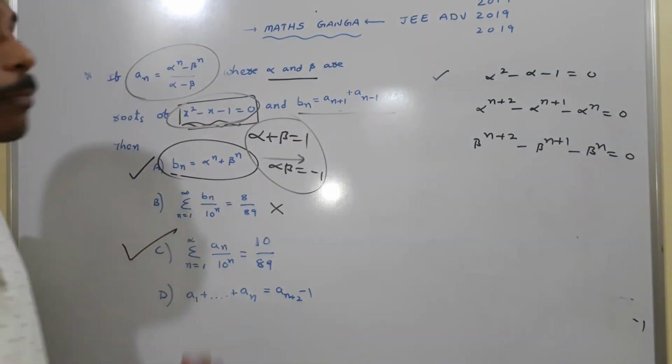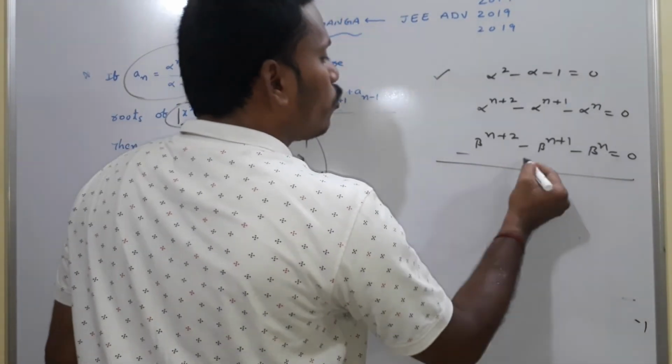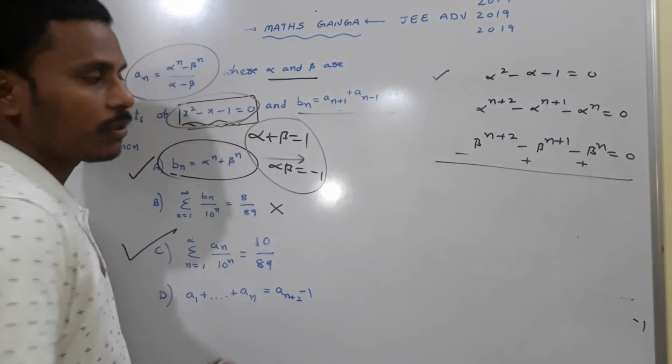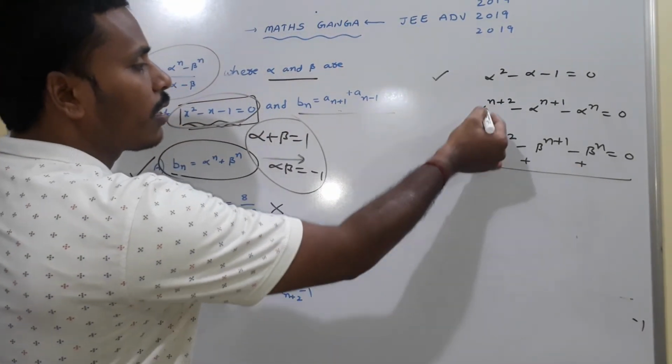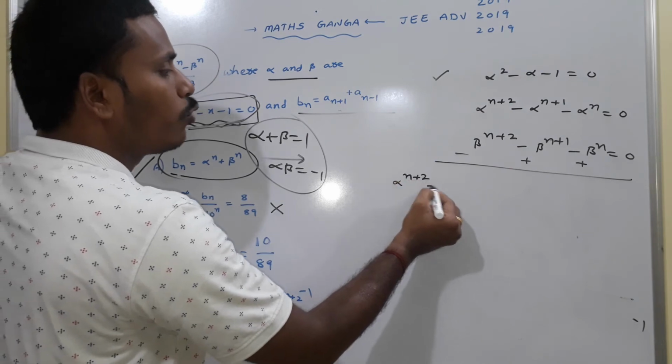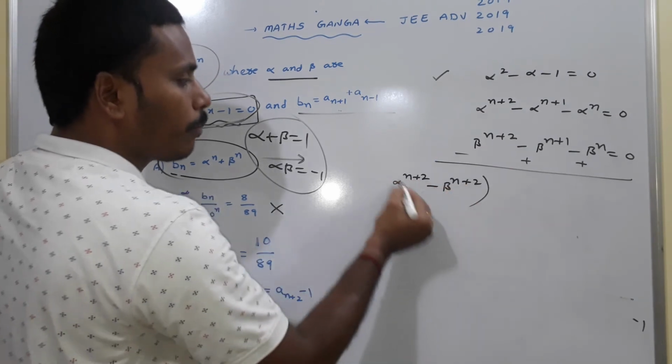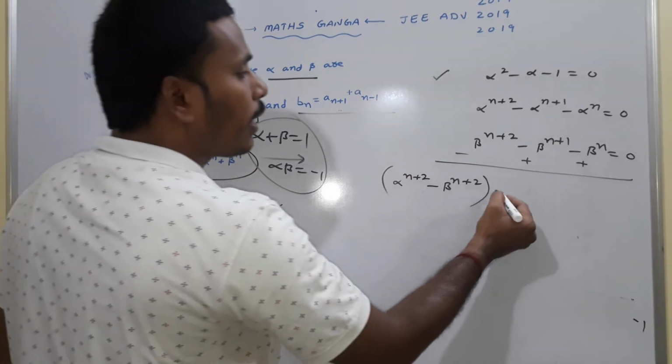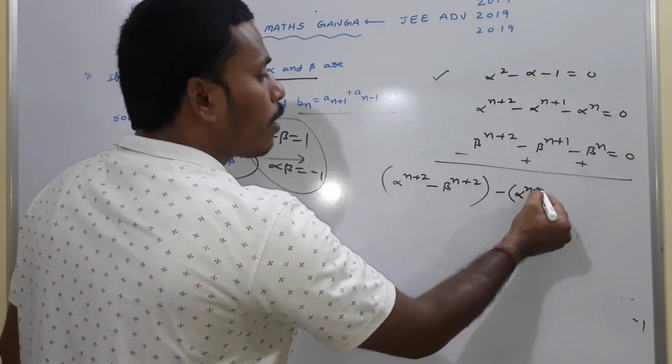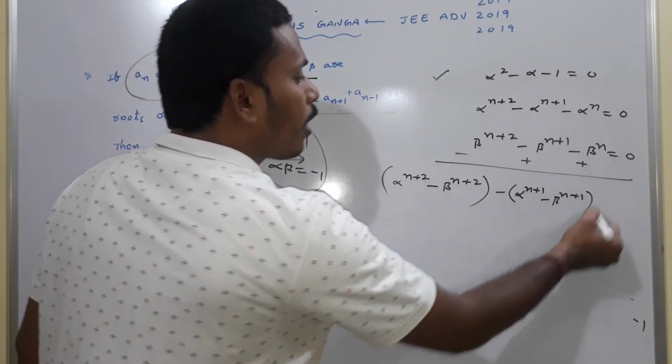Right? And if you do subtraction, what do we have? For these two terms, alpha power n plus 2 minus beta power n plus 2. And again here, by taking minus common, alpha power n plus 1 minus beta power n plus 1.